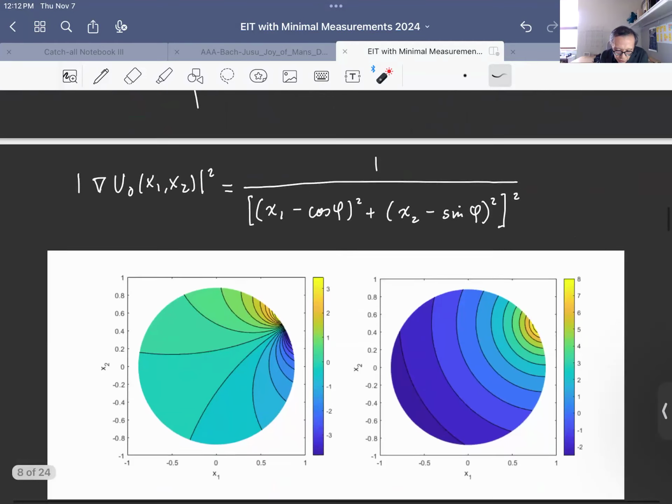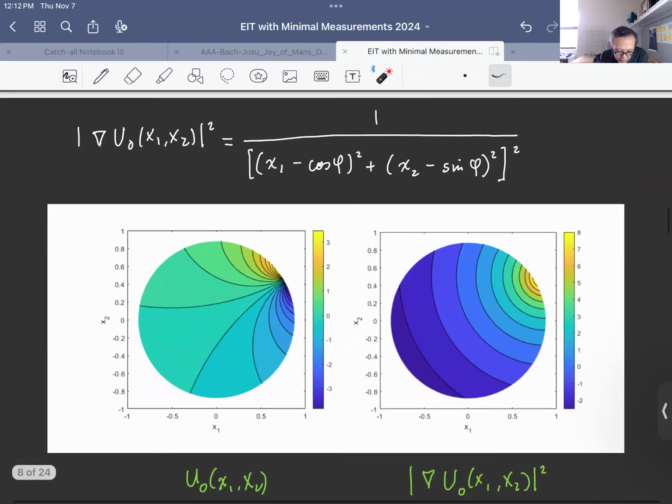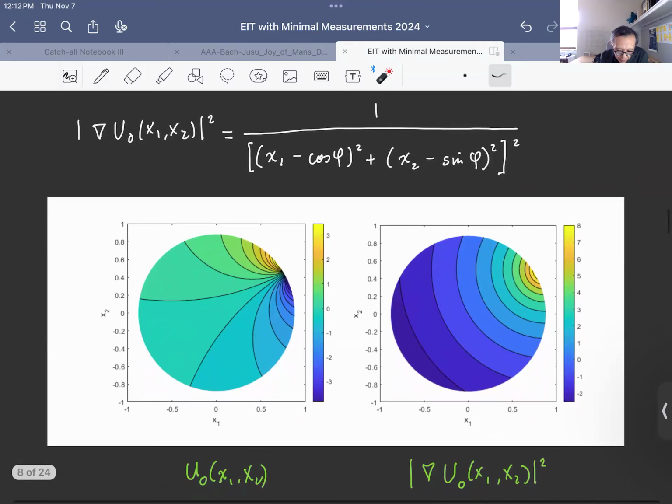Okay, so I just wanted to show what this gradient of u0 squared looks like for a given angle phi. The angle is right here. The background potential is very classical. It looks like this; these are the equipotentials, the lines drawn out in this picture.